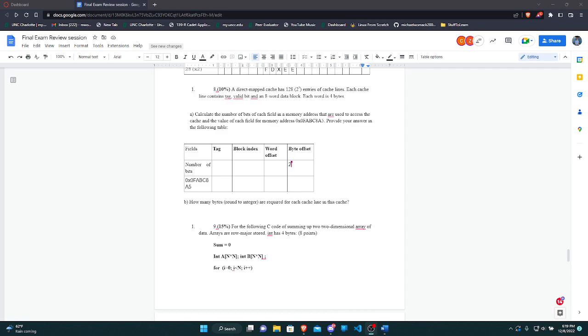So it says here that each word is 4 bytes. Do you want to know the byte offset?